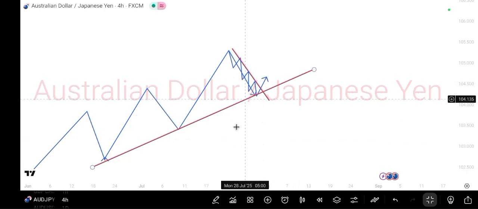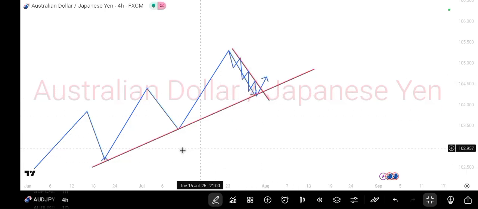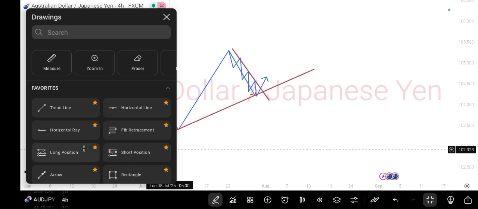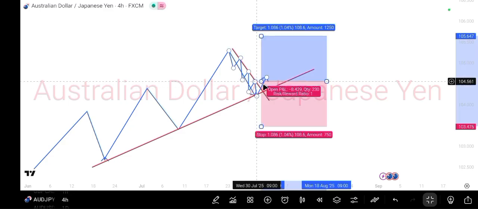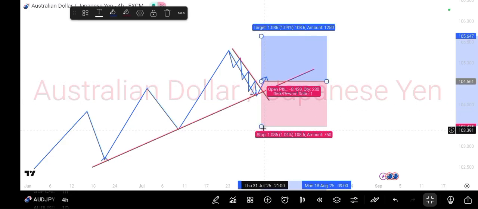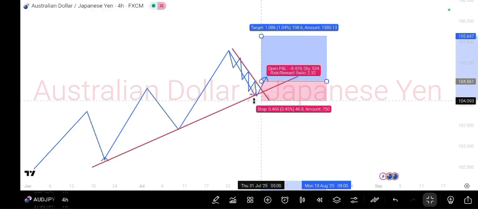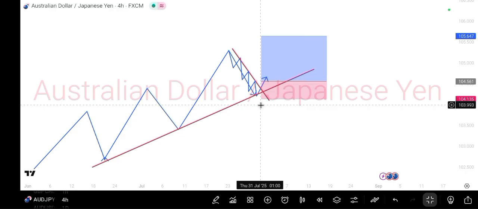Then this spot is where you take a long position, in line with the daily time frame, because the daily time frame is already in line with monthly. So this is where you place your buy order. Then your stop loss goes below the lowest point the market reached before the break, something like this.